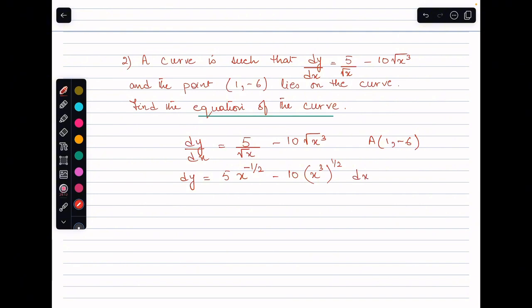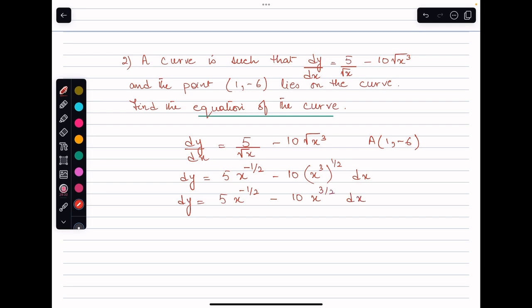So this x cubed to the power 1 by 2, power to power, they get multiplied, and I can say dy equals 5x to the power negative 1 by 2 minus 10x to the power 3 times 1 by 2, that will give me 3 by 2, and then it's dx.